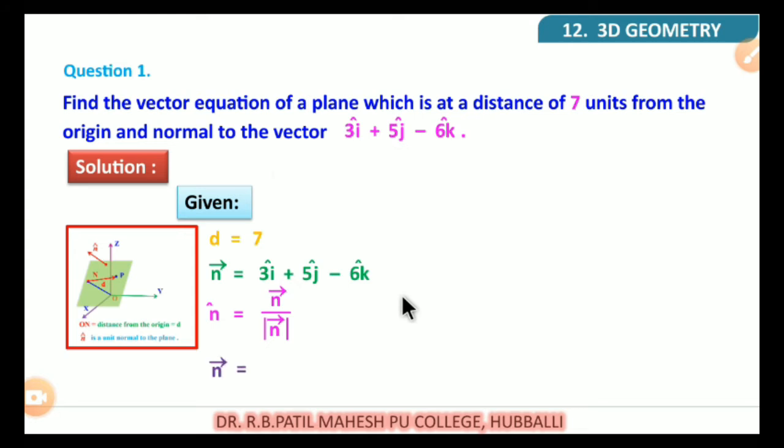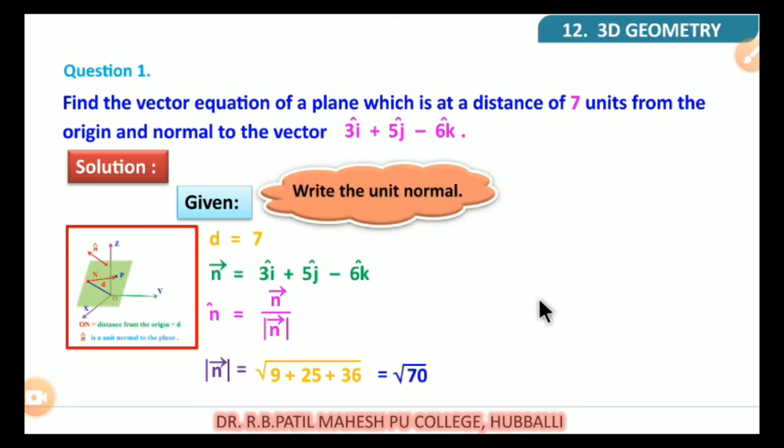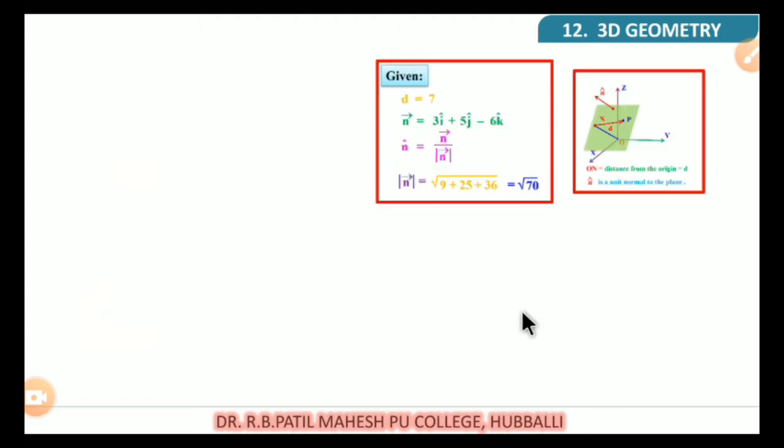Magnitude of n vector is equal to the square root of 3 square, which is 9, plus 5 square, which is 25, plus minus 6 whole square, which is 36. So that is exactly equal to square root of 70.